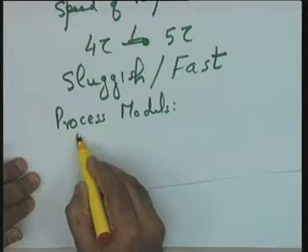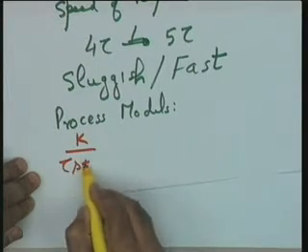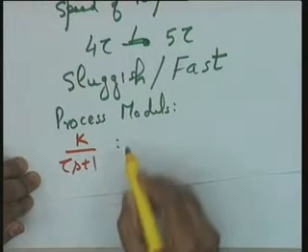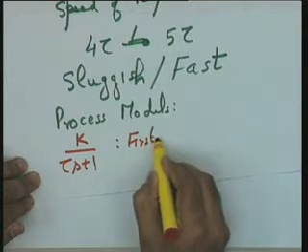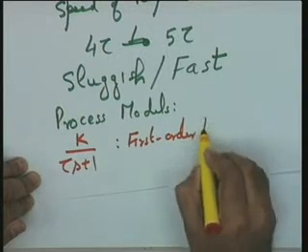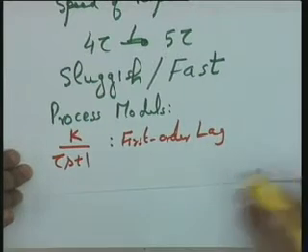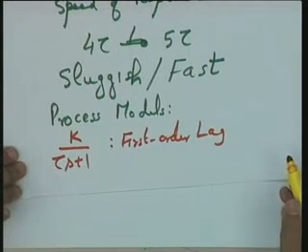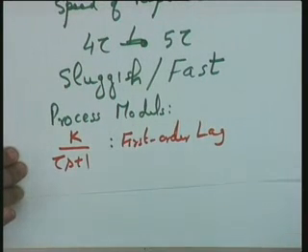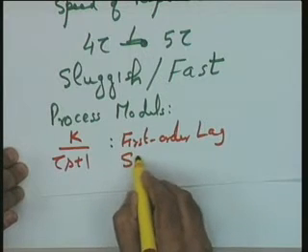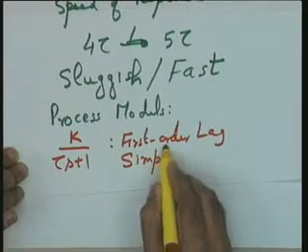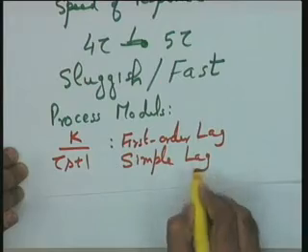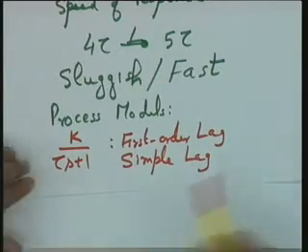Okay. One more definition I would like to give over here, which I will be using, the terms of the type k over tau s plus 1. I will be using the term first order lag for this. Now, the word lag becomes clear. Why is the word lag coming? Because it is not allowing the system to respond instantaneously. This is a first order lag, or sometimes in control system jargon, simple lag is also used for terms of the form k over tau s plus 1.